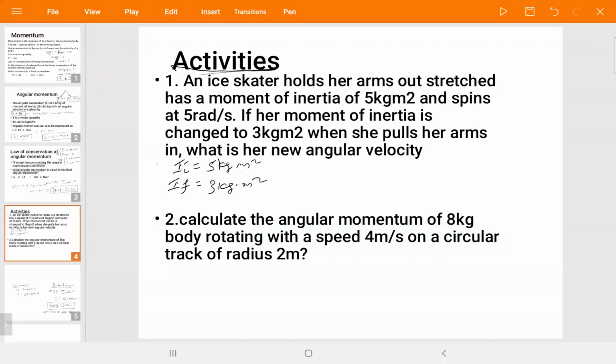Then what will happen to her angular speed? Initially, she was moving with an angular speed of 5 rad per second. What will happen to her final speed? What do you think? Will it decrease or increase?